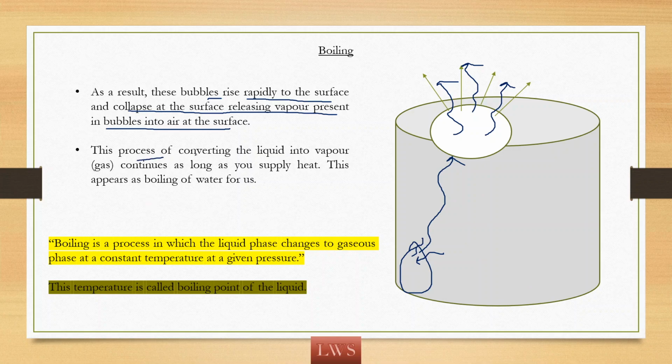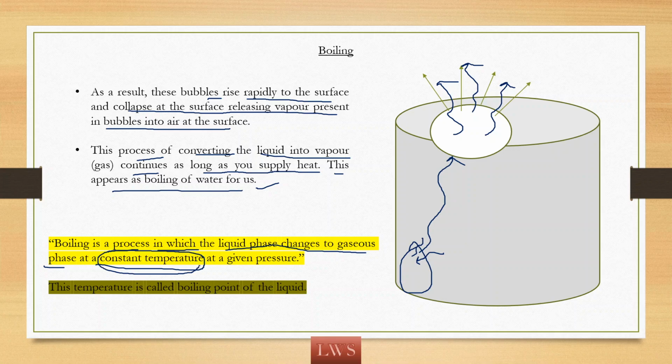The process of converting the liquid into vapor continues as long as you supply the heat. This appears as boiling of water for us. Boiling is a process in which the liquid phase changes to gaseous phase at a constant temperature. This constant temperature is nothing but the boiling point of the liquid.